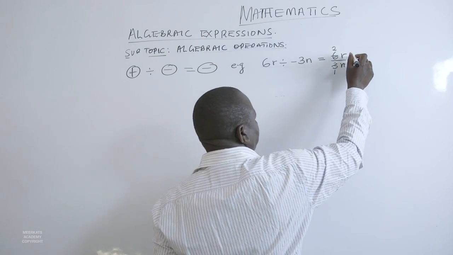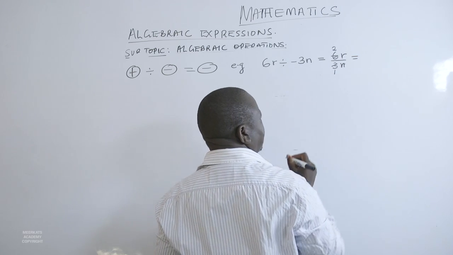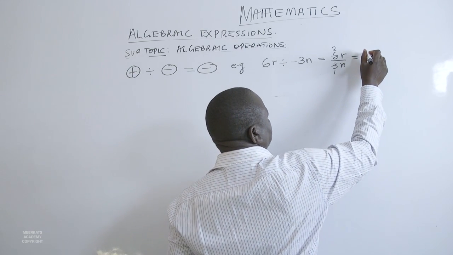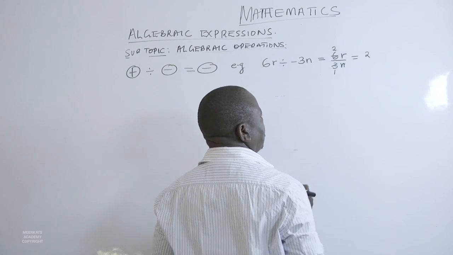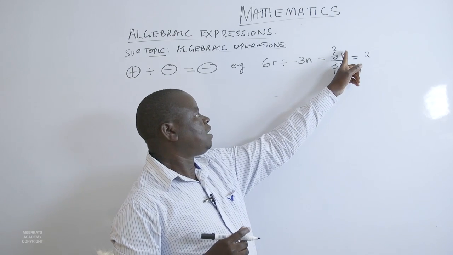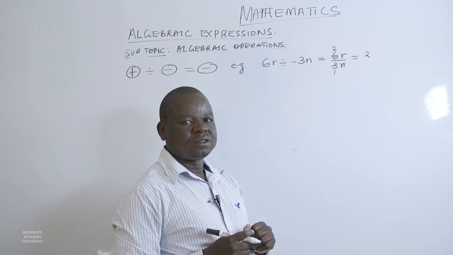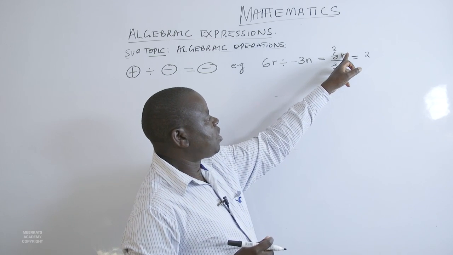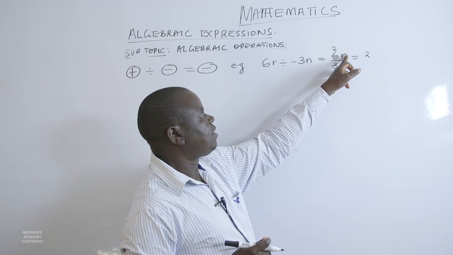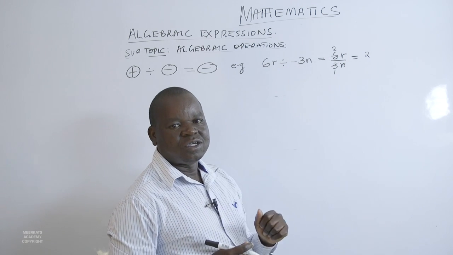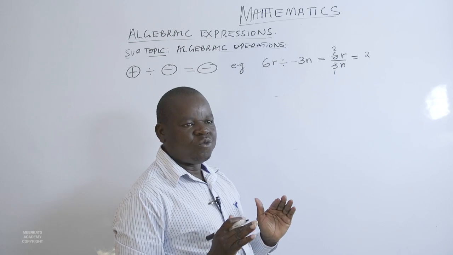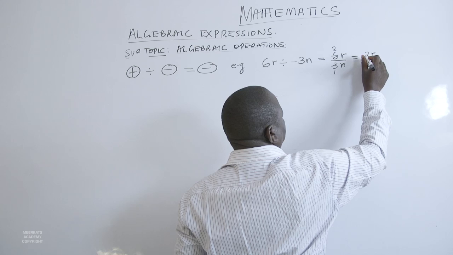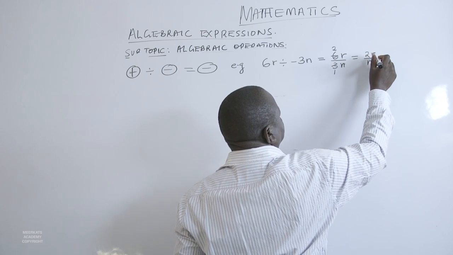So on the numerator we have 2, but if we look at the pronumerals, there is no highest common factor between r and n. So it will be left the same way. So here we shall have 2r and the lower part we shall write as n.